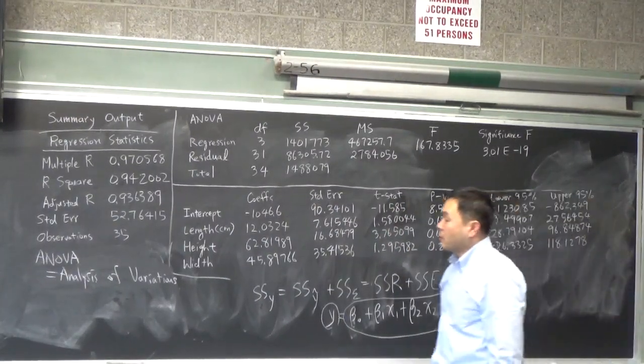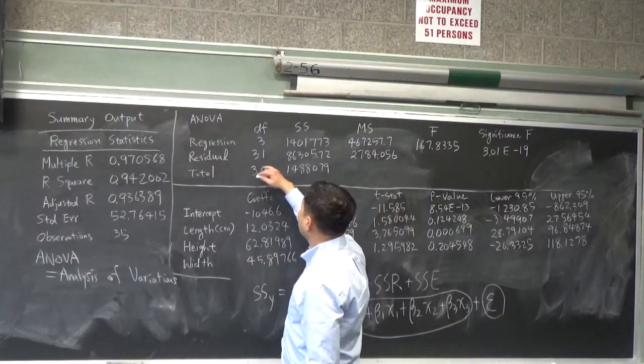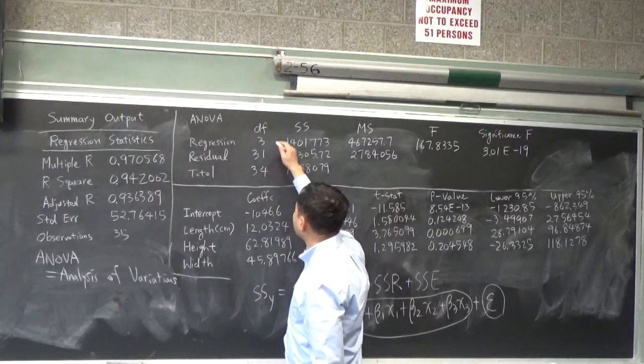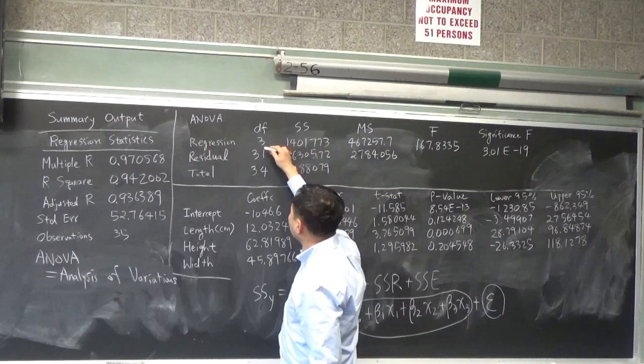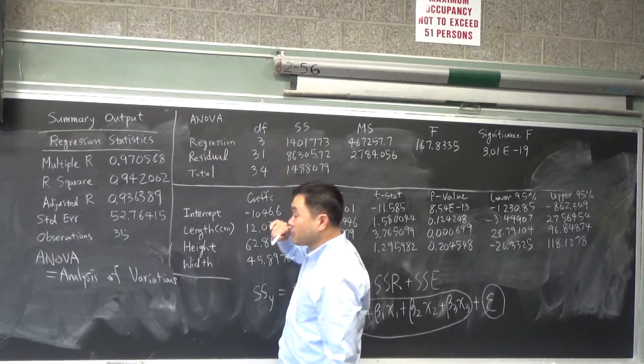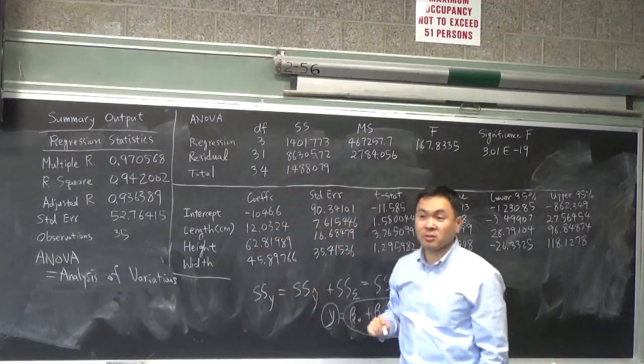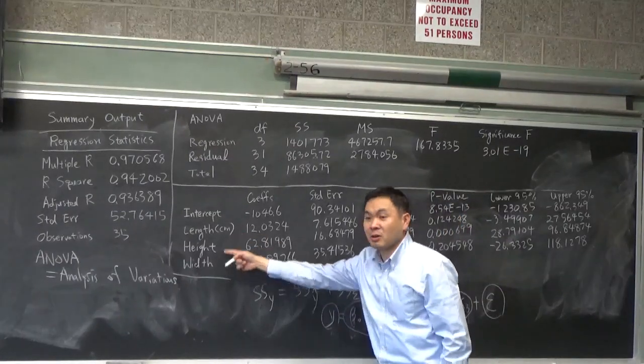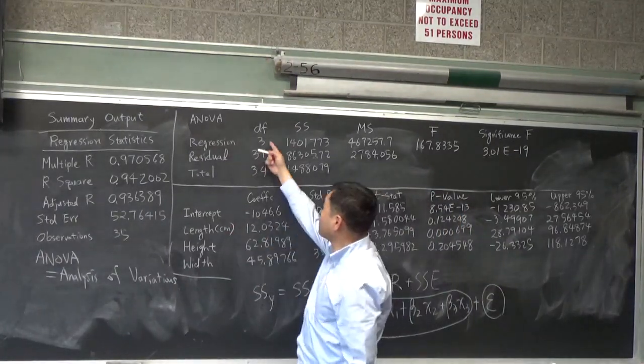And you can see the degrees of freedom here is 3. Where does this 3 come from? Can you guess? The number of predictor variables, 3.